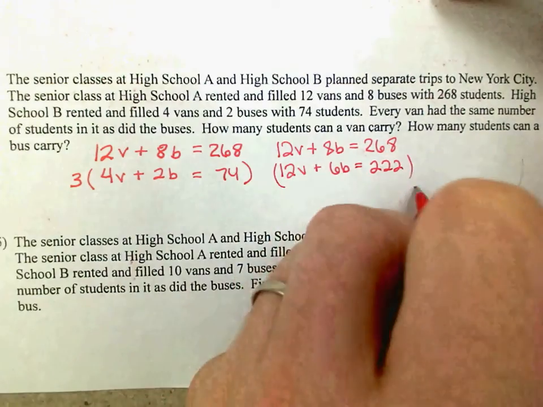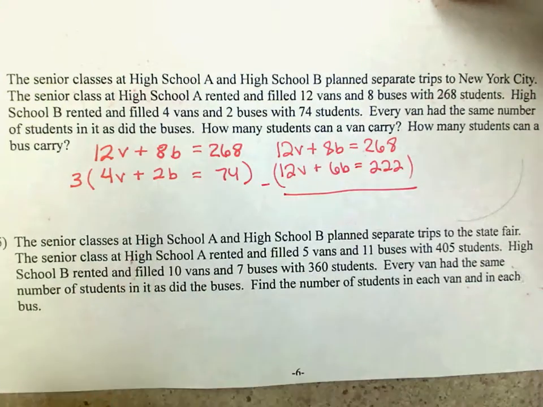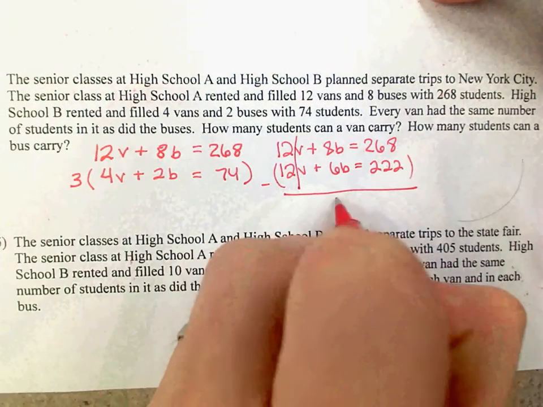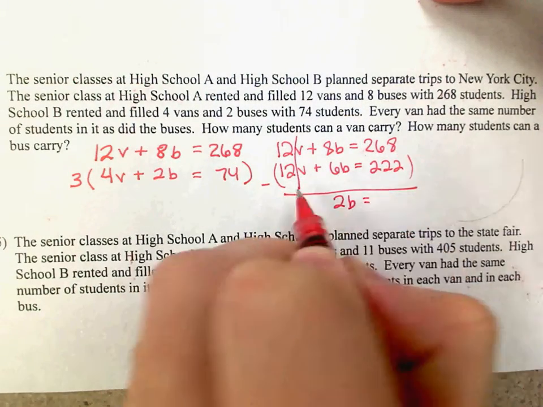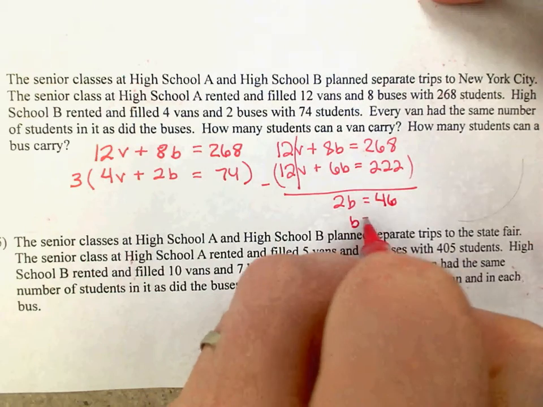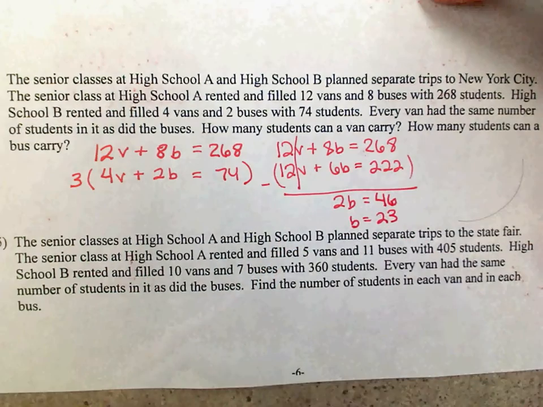Now with elimination, you can just subtract one equation from the other and see what's left over. So 12 minus 12 would be 0, 8 minus 6 would be 2, and 268 minus 222, that would be 46. So divide by 2, a bus will carry 23 people.